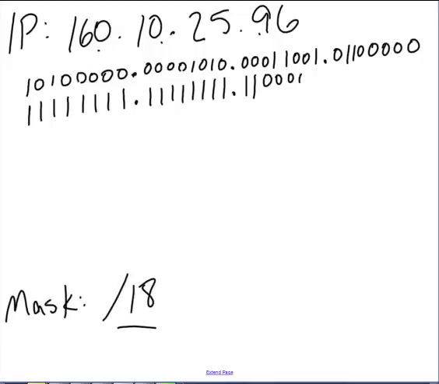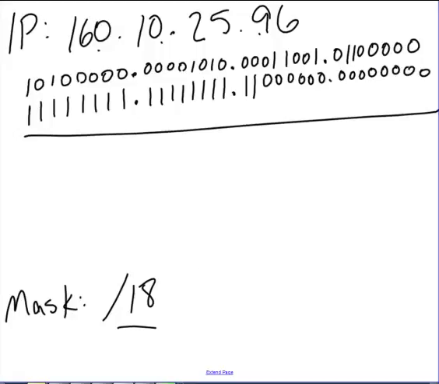Same rules apply. Everywhere there are two ones, we put a 1. Anywhere there's a 0, we put a 0. So if we do the math, we have 0 and 1 gives us a 0, 0 and 1 gives us a 0, and the rest are zeros.